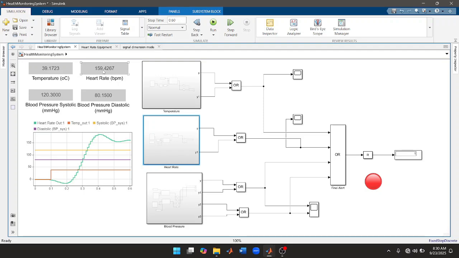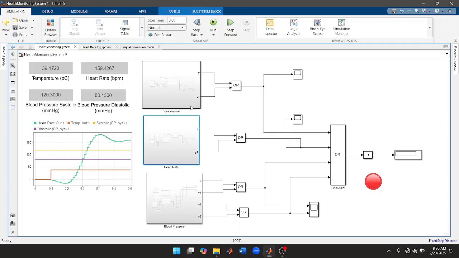We now have 159 BPM. So you can see the signal already is bad. It's showing a red alert. The patient is way above normal.